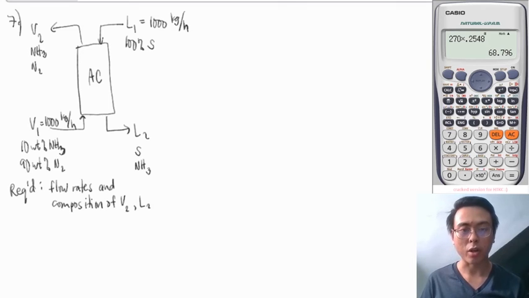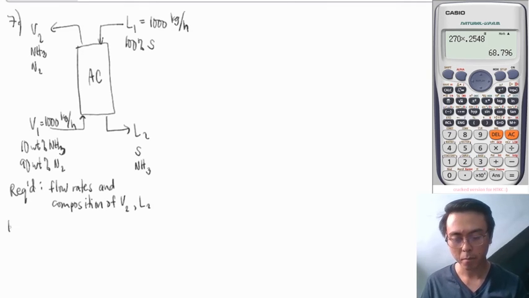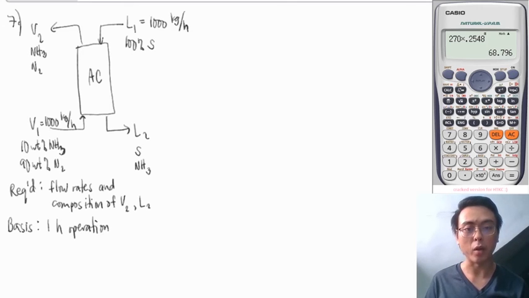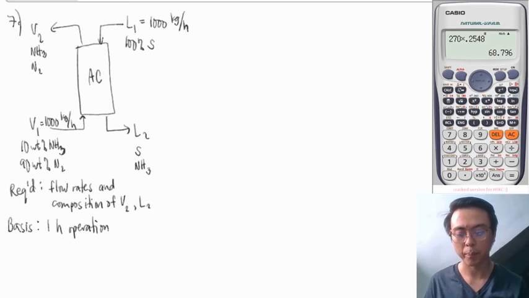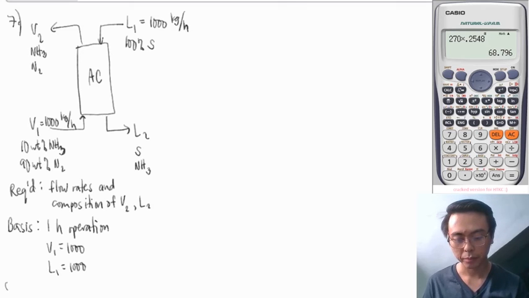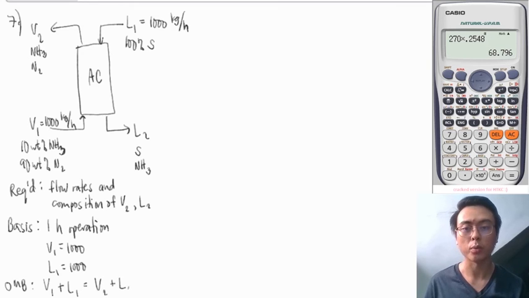Our solution here would start, as always, with the basis. A very good basis here is 1 hour operation because we are given the two flow rates of V1 and L1, which are both 1000 kilograms per hour. So therefore, we now have V1 as 1000 and L1 is also 1000 kilograms. Next, OMB. Our OMB is V1 plus L1 equals V2 plus L2.